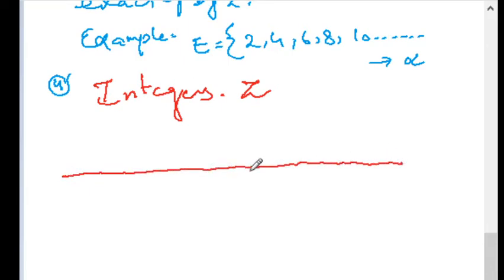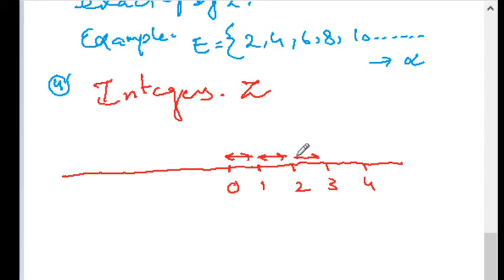You have seen this line in year 7. This is a number line, and here are numbers 1, 2, 3, 4, and the spaces should be the same distance.